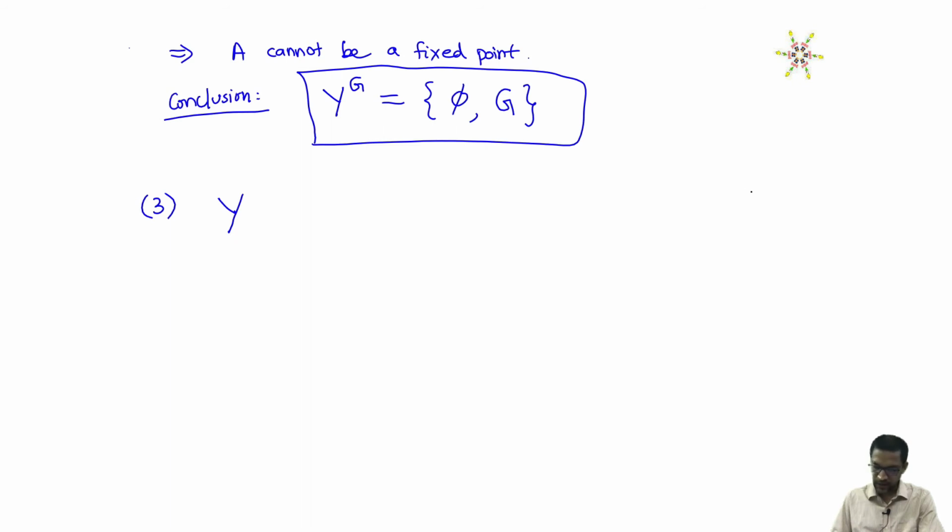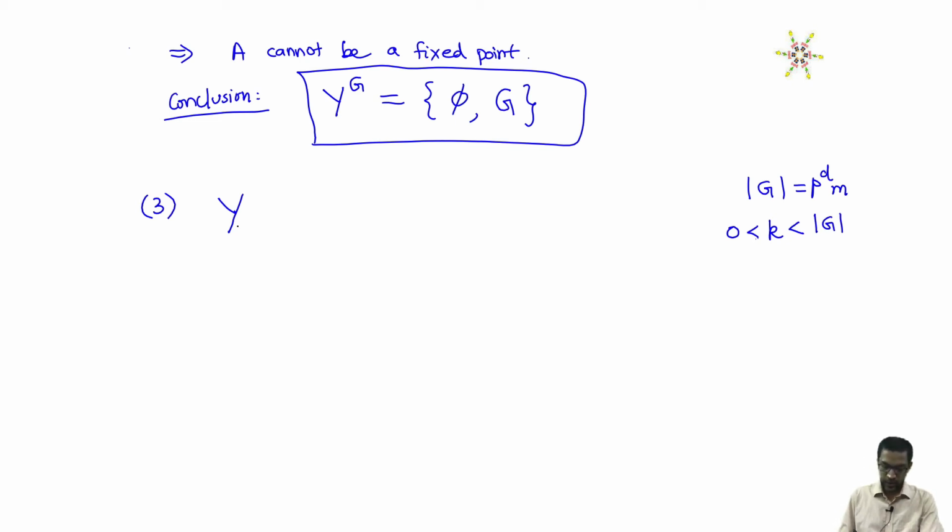Remember, the cardinality of the group was something. We assume the cardinality of the group looks like p to the m. So let me pick some number k, a natural number which is strictly between 0 and the cardinality of the group.